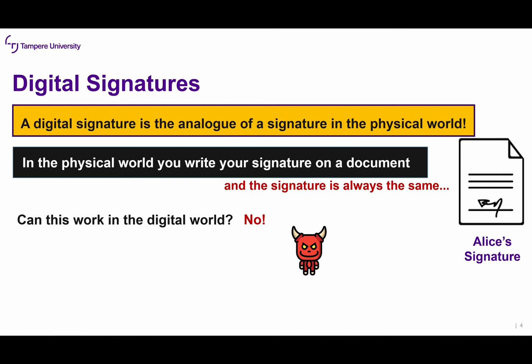If the digital signature on a document would always be the same, then our malicious adversary Eve could access the digital signature on a file.